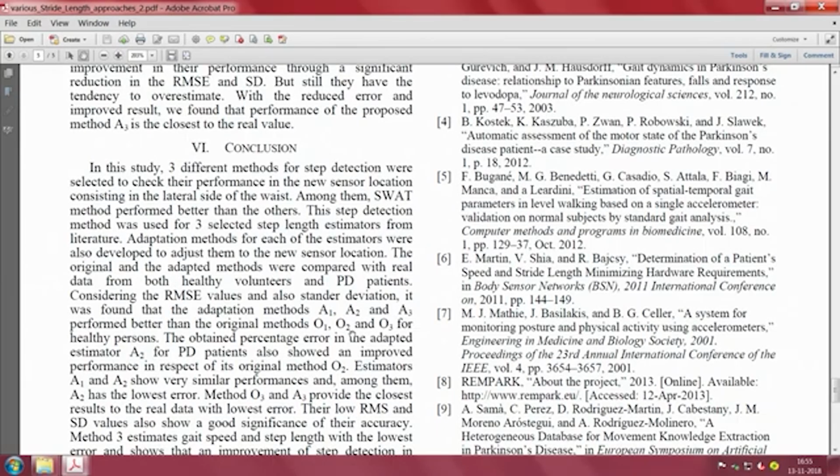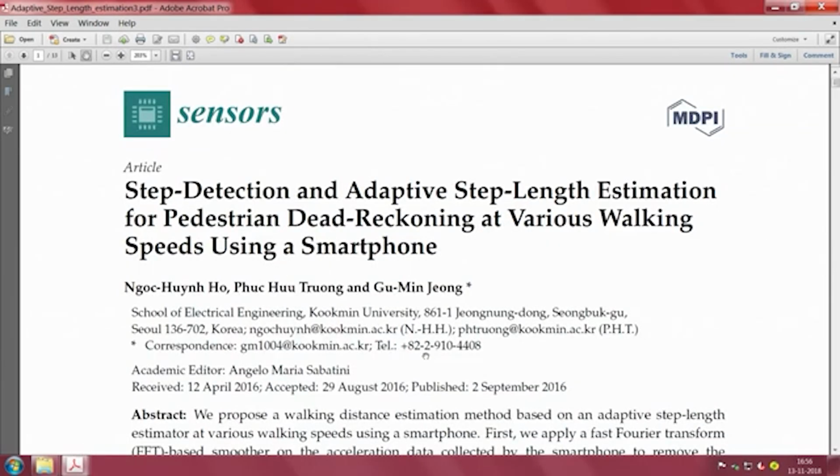So in summary, this is an interesting paper also because it gives you an overview of how active this area is.